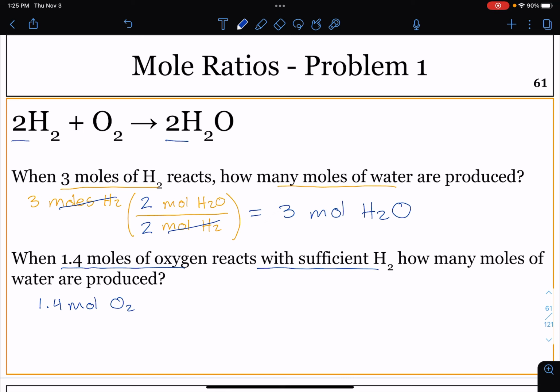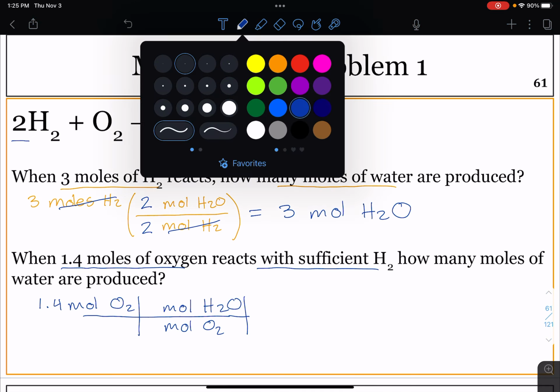1.4 moles of oxygen. You can use parentheses for the unit conversion or the train track system. Either way works the same way. We're going to put our mole ratio in the unit conversion, putting moles of oxygen on the bottom so that they can cancel. And since the problem is asking for moles of water, we will put that on top because we don't want that unit to cancel.